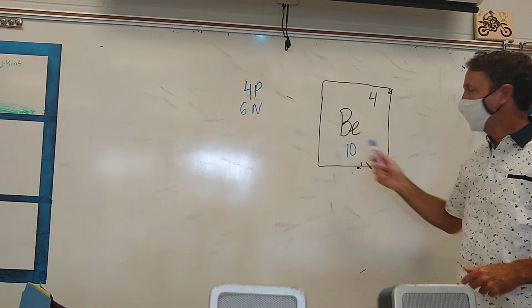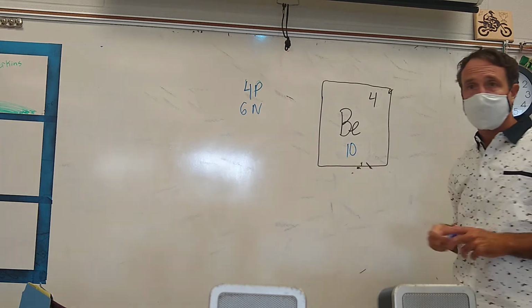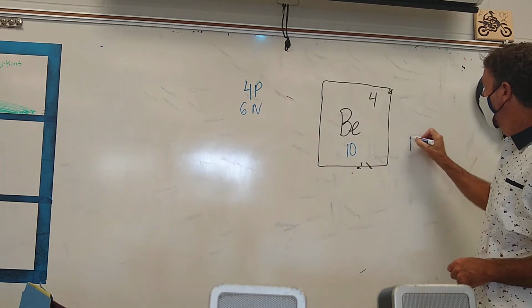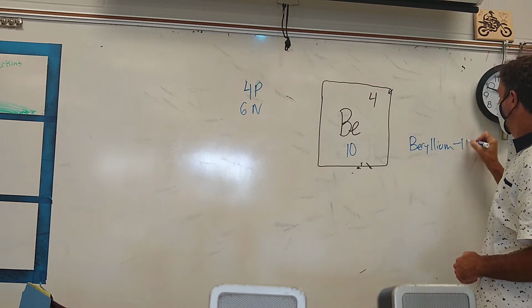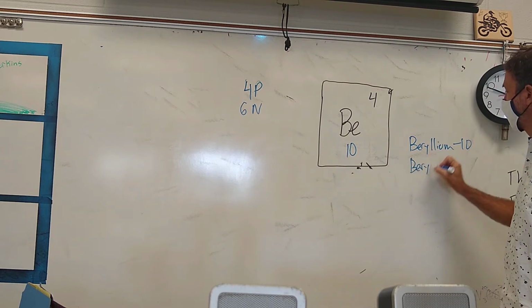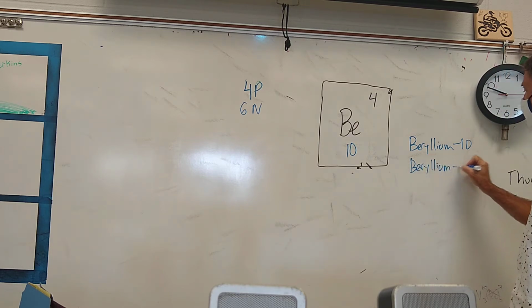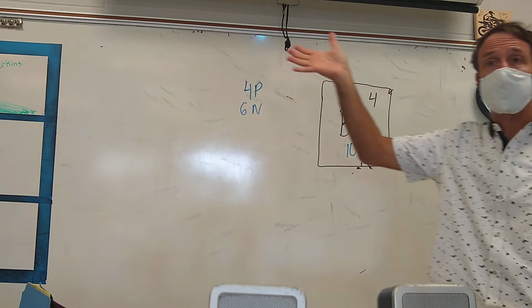So beryllium that has 6 neutrons and a mass of 10, we would call that beryllium-10. And the most common beryllium atom is actually beryllium-9. Okay? The most common one, because that's the one that you see on the table.